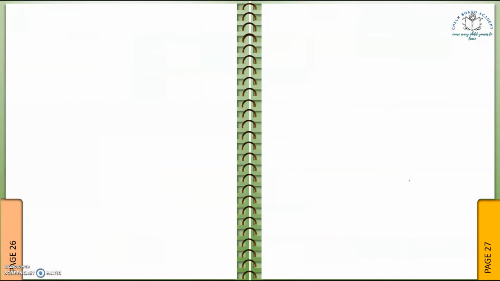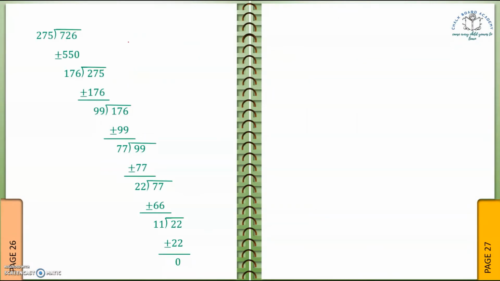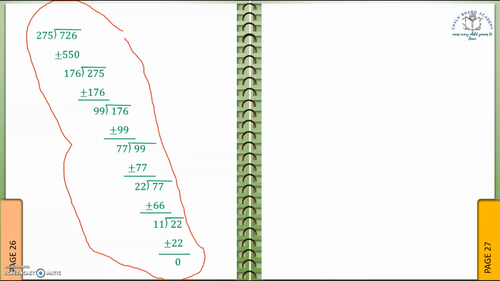Moving forward, this is the whole division I have done here. First I divided 726 by 275. I multiplied 275 by 2, got 550, and the remainder left was 176. Now I am dividing the divisor by the remainder.